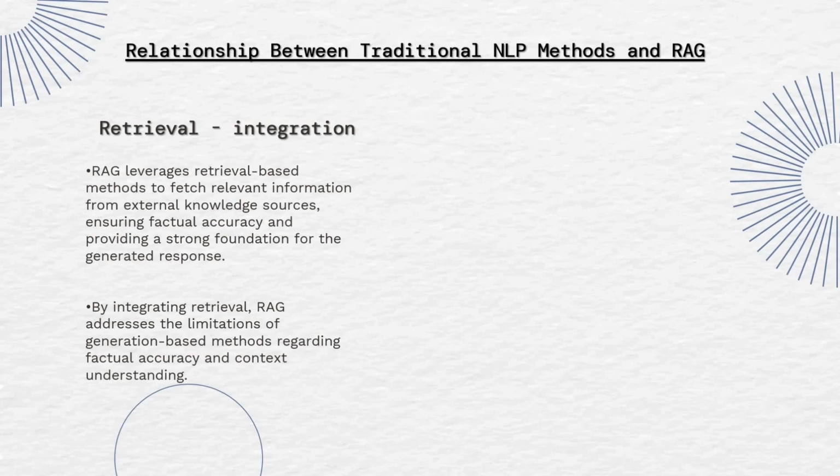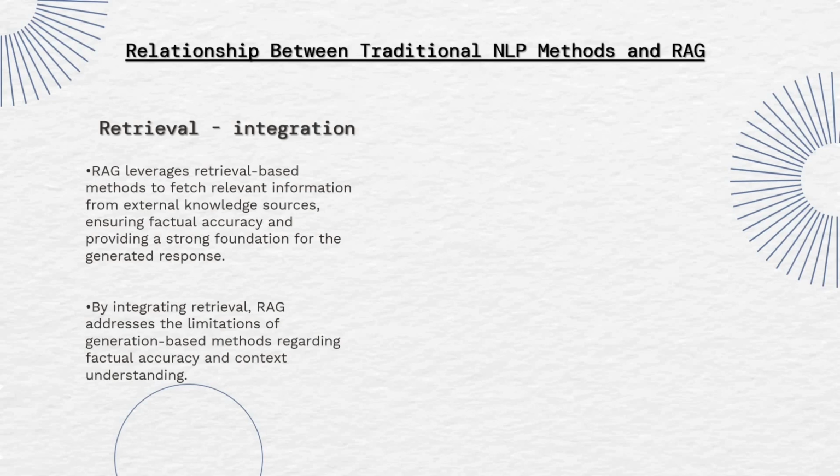Under this, we'll first discuss the retrieval side of integration. In here, RAG uses retrieval-based methods again to fetch relevant information from external knowledge sources, ensuring factual accuracy and providing a strong foundation for the generated response. So, by integrating retrieval, RAG addresses the limitations of generation-based methods regarding factual accuracy and context understanding.